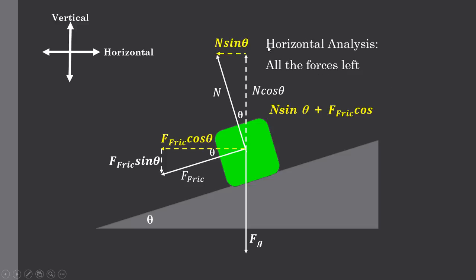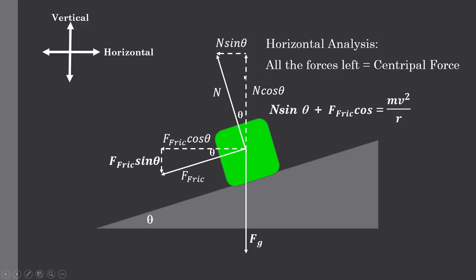Secondly, horizontally, we've got forces to the left, which is n sine theta, and the cos of the friction force. Now we don't have anything going to the right. That is equal to our net force, mv squared on r. So again, recapping, the up forces, n cos theta, balance out and are equal to the sum of Fg, the force due to gravity, and friction sine theta.